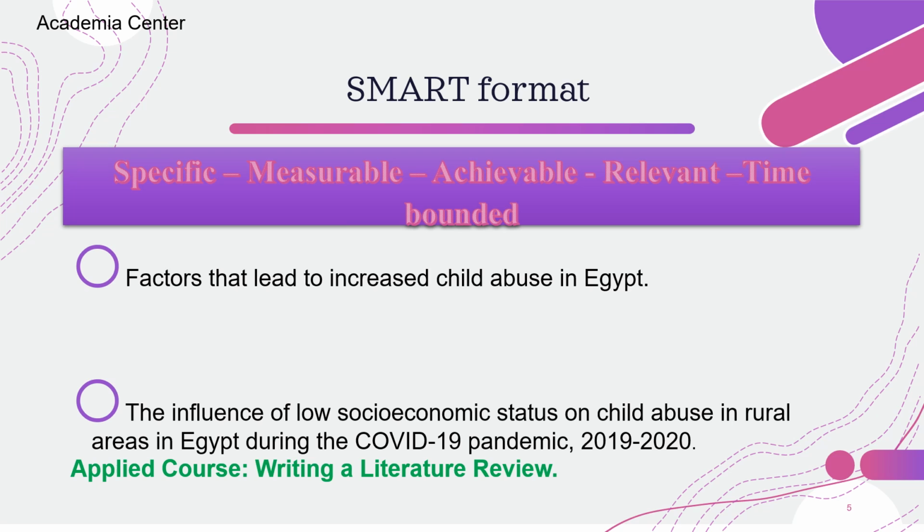Low socioeconomic status is measurable. Yes, I can measure it by defining the upper limit or the lower limit of the income. The rural areas are already defined in Egypt. These places are considered rural areas, and that place is considered an urban area where there is agriculture maybe, and the time is already achieved.